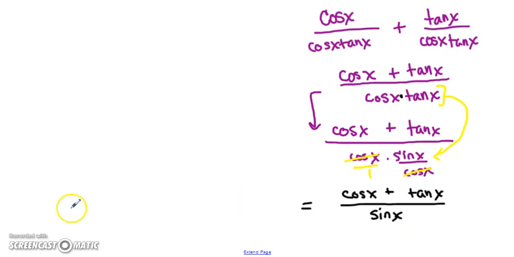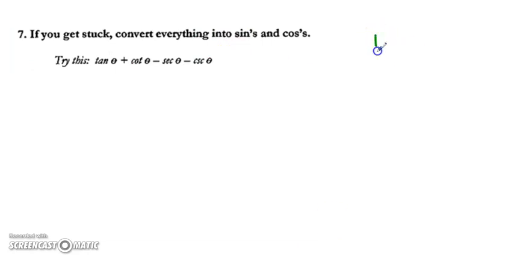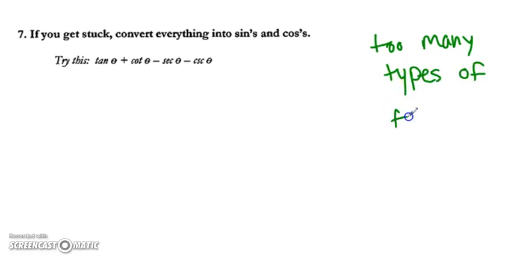So as long as you kind of understand that, or at least have seen that, that's the main focus of this problem. All right, so I believe this is our last skill. When all else fails, if you are totally stuck and you just don't know what to do, especially if there are too many types of functions, switch everything to sine and cosine.